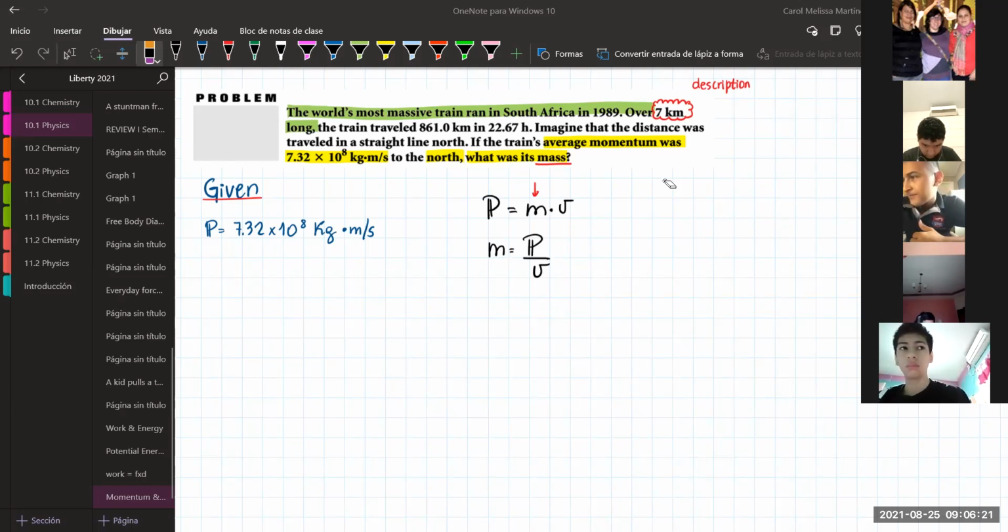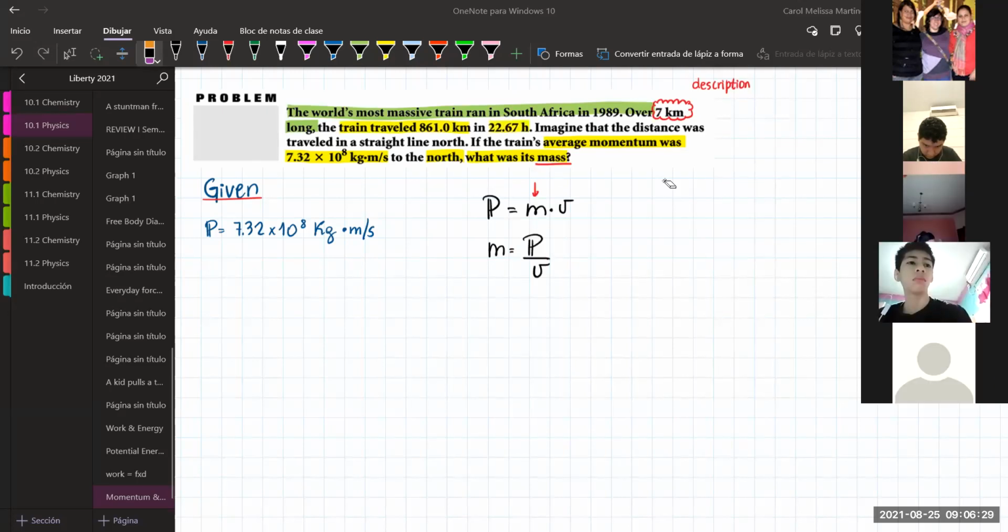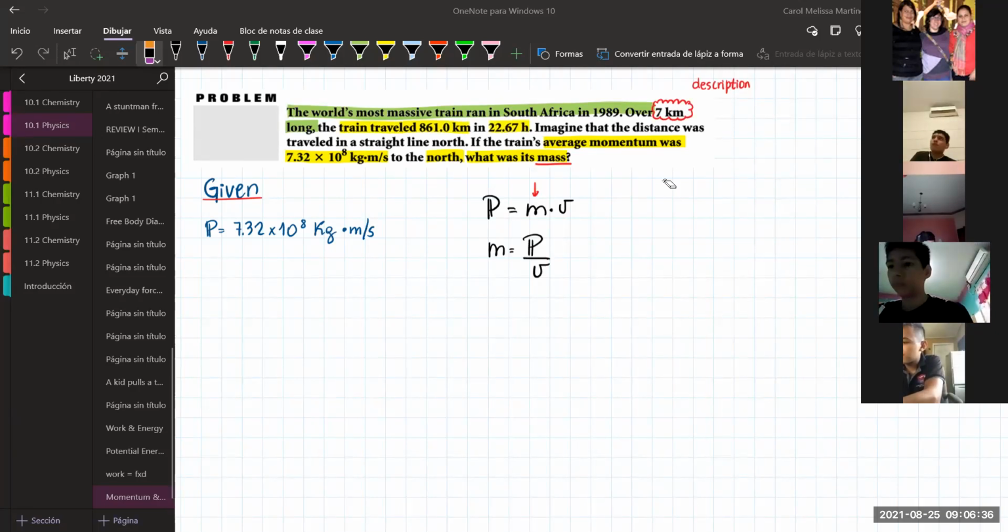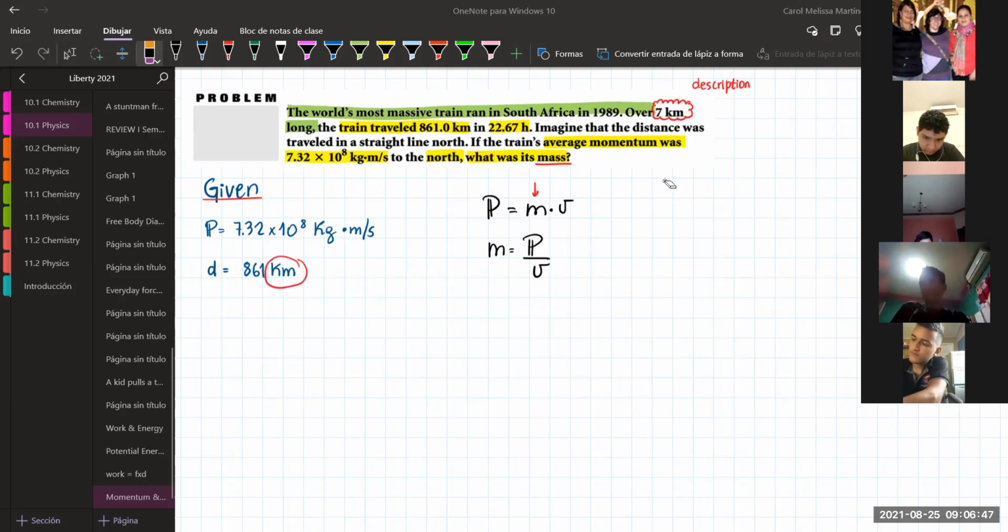The train traveled 861 kilometers. And the train did it in this amount of time, 22.67 hours. So the distance traveled is 861 kilometers. Remember, I don't need my units to be in kilometers, so I have to do a conversion from kilometers to meters.